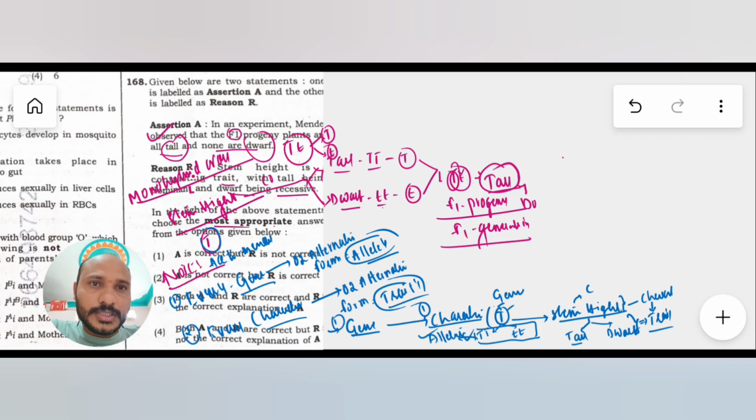Now coming to the reason, stem height is a contrasting trait, with tall being dominant and dwarf being recessive. Both statements are right. Assertion and reason are both right. So we have to choose: both A and R are correct, and R is the correct explanation for A. So the right answer here is the third one.